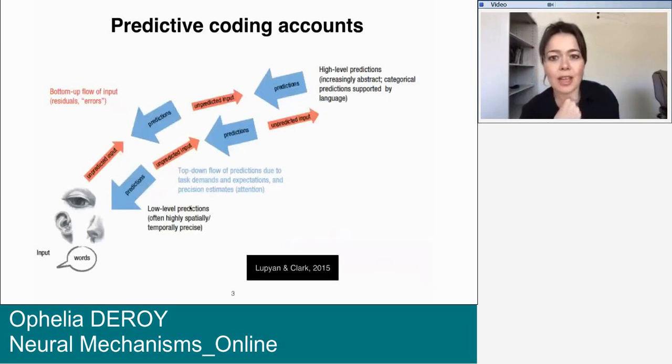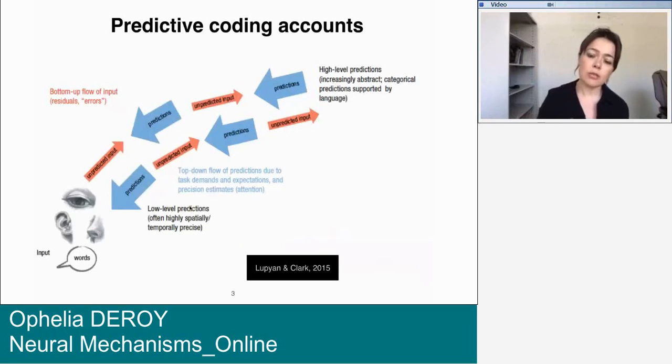That is, what you have between perception and the highest level of cognition is this series of hierarchical levels where basically every level predicts with more and more specificity what the lower level will actually provide, whereas the lower level sends, as I said, the resulting error which is calculated from the mismatch between the prediction and the incoming signal.